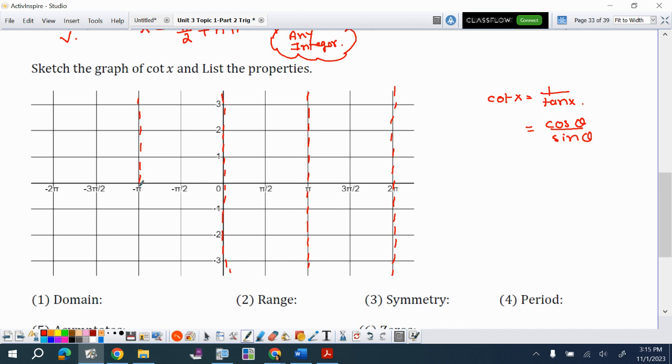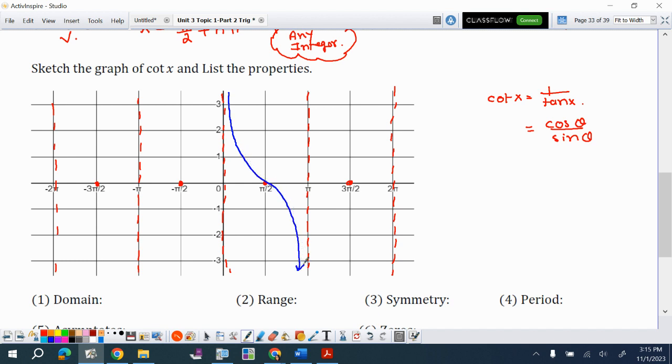So let's sketch those asymptotes first. Whenever tangent has an asymptote, cotangent has a 0, because they are reciprocals of each other. Now, what happens in between? Note that tangent is increasing, and the reciprocal of increasing is decreasing.